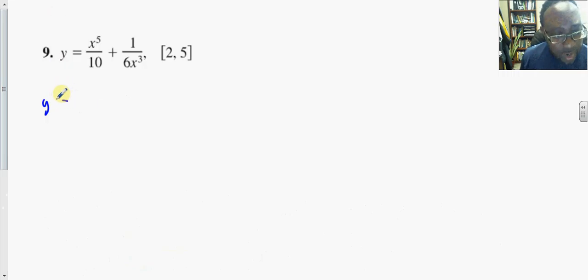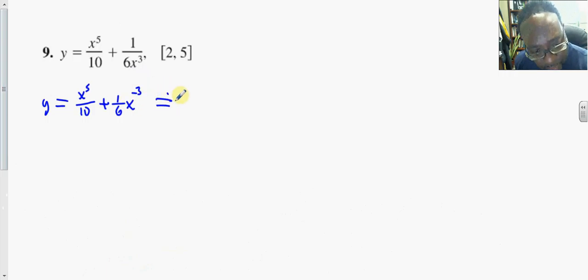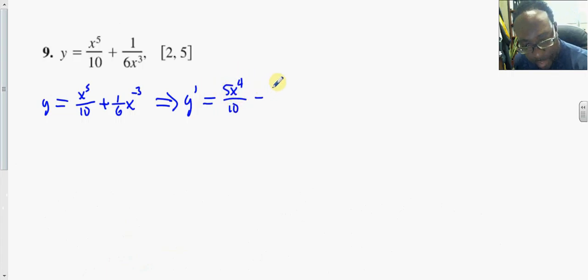So let's write y as x to the 5th over 10 plus 1 over 6 times x to the negative 3. So now this implies that y prime is 5x to the 4th all over 10 minus 3x to the negative 3 minus 1, which is the negative 4, and it's over 6.